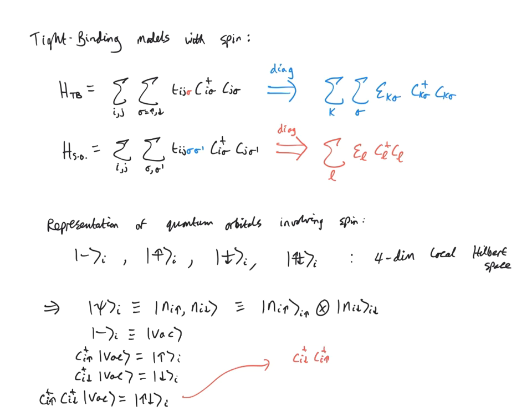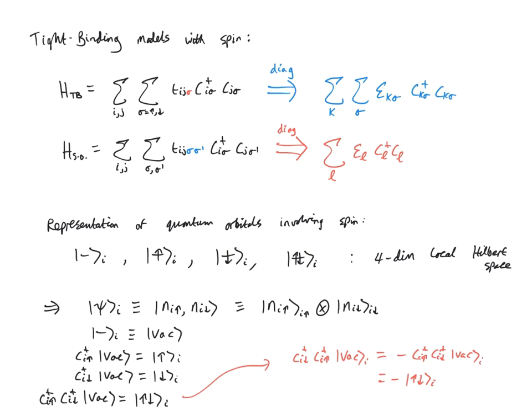We know from the anti-commutation relations, and indeed the basic property of the wave function antisymmetry for fermions, that this will give us minus Ci up dagger, Ci down dagger acting on the vacuum, which is of course minus the doubly occupied state acting on site I.